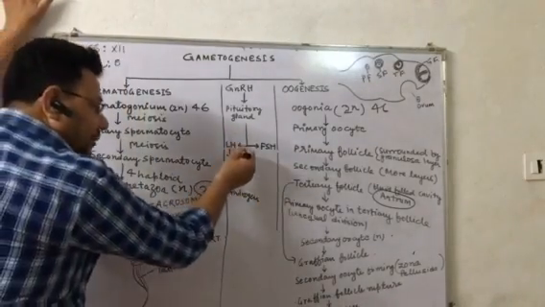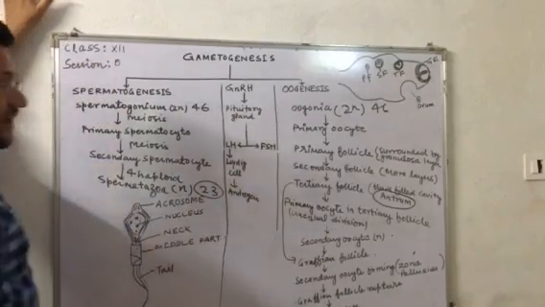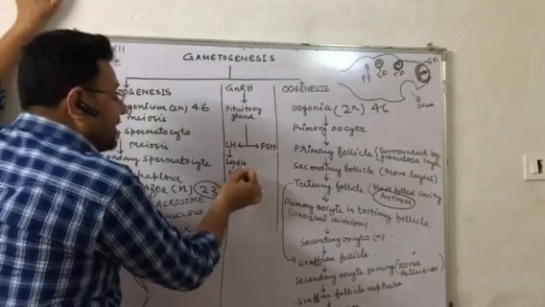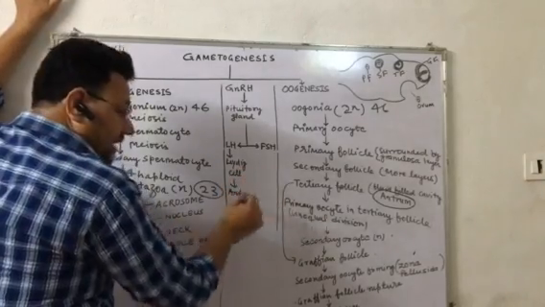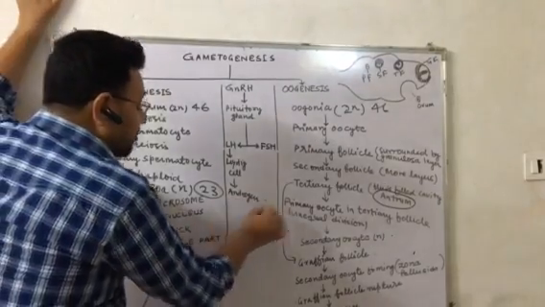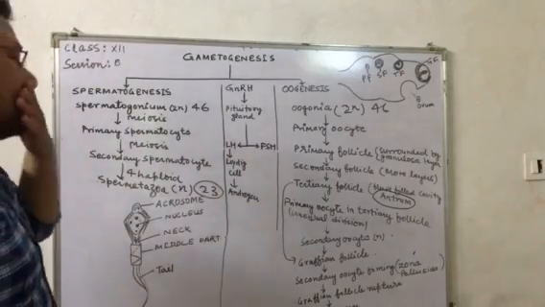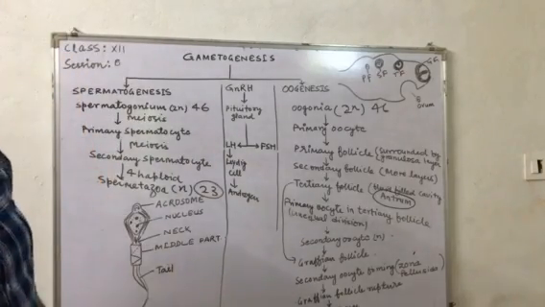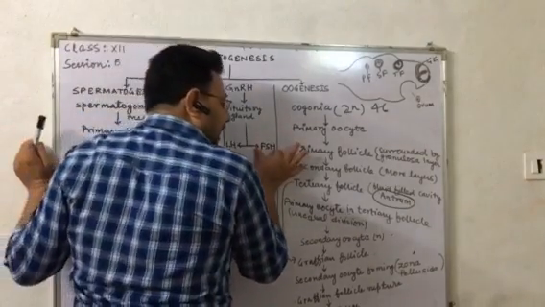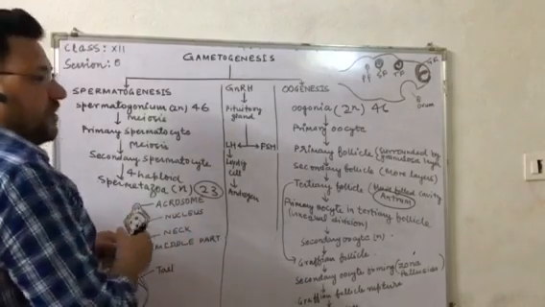This luteinizing hormone activates Leydig cells, and these Leydig cells consist of a male hormone called androgen, and this androgen will activate the process of spermatogenesis. In the same way, the follicle stimulating hormone will release estrogen.